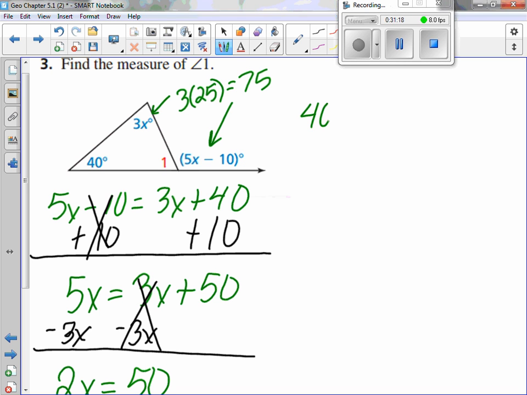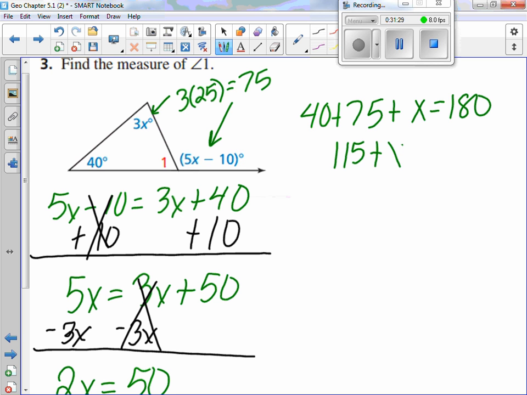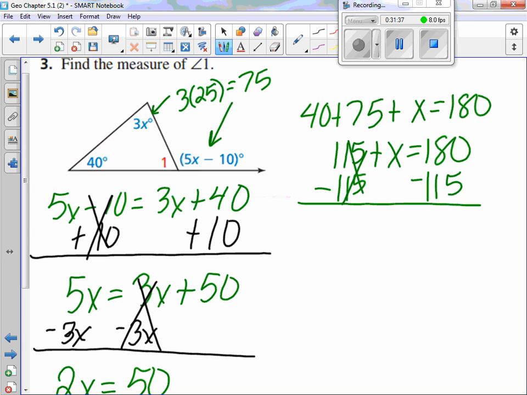So we would have 40 plus 75 plus, we'll call it x, is equal to, well, 40 plus 75 would be 115. And we would subtract 115 from both sides. And x would be, so the measure of angle 1 would be 65 degrees.